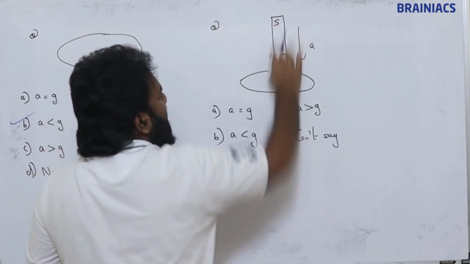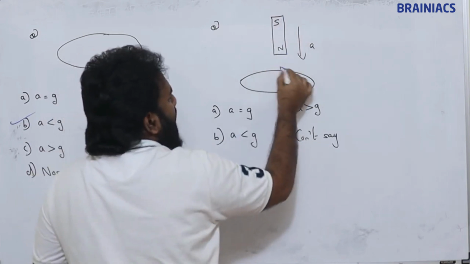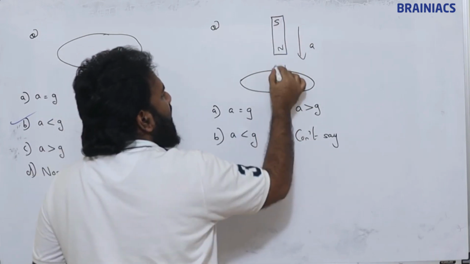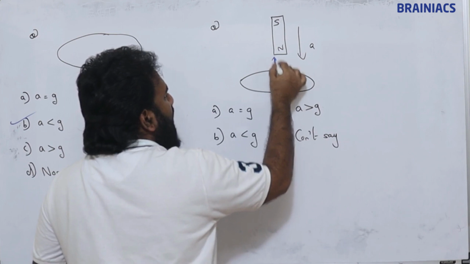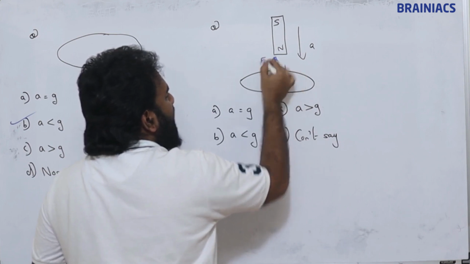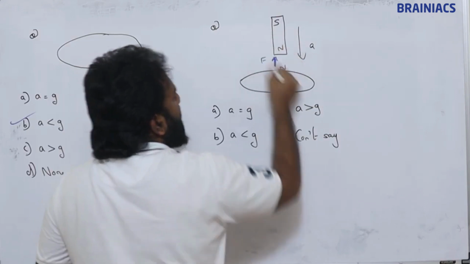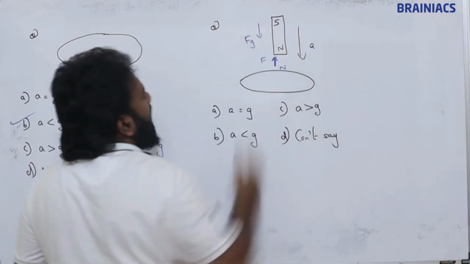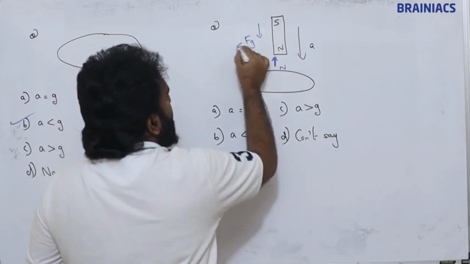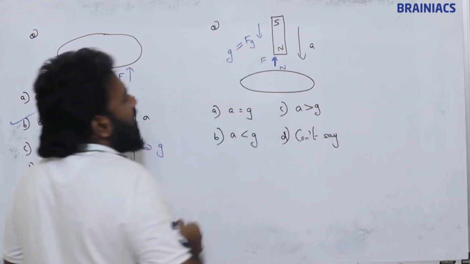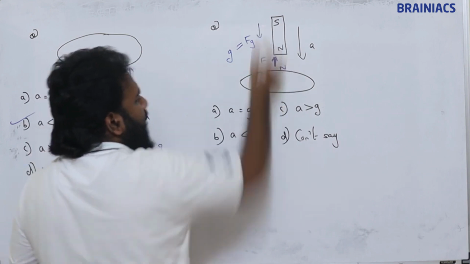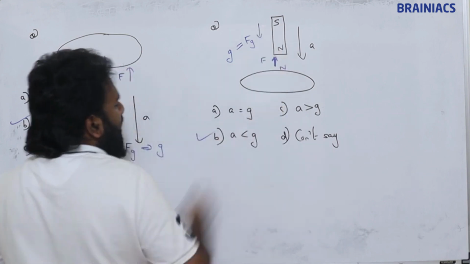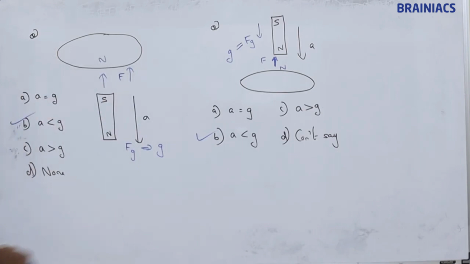Here, when it is coming, again a north pole will be induced, and it will apply a small repulsive force in the opposite direction, where Fg will be acting in this direction. Due to Fg, acceleration due to gravity g will be there. Since this force is applied upwards, definitely the net acceleration will be less than acceleration due to gravity.